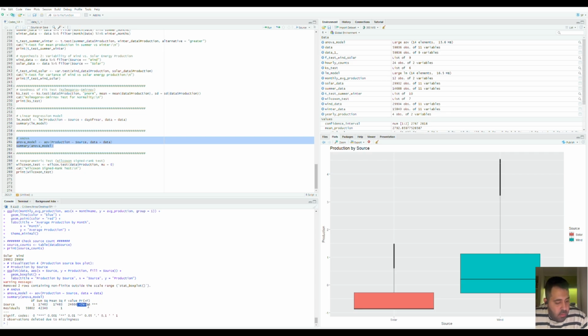This means that there is a statistically significant difference in mean production between the different energy sources. Again, for us it is wind versus solar. The large F value and very low P value suggest that the source of energy is a critical factor influencing the production levels.